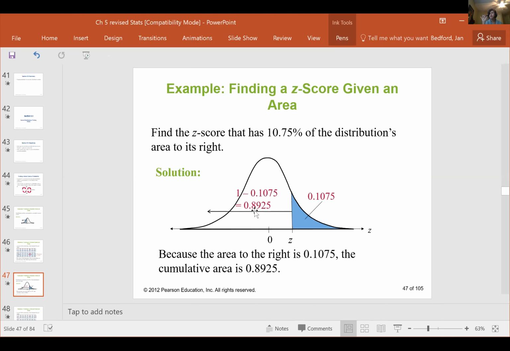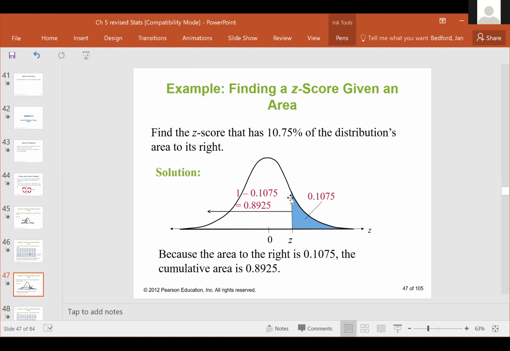And we're actually going to do the same thing in the graphing calculator. So let me show you real quickly. If we did this one, 0.1075 is this blue area. But to get this Z-score, my cumulative area has got to be to the left of that, and that's going to be 0.8925. So far, you guys with me?